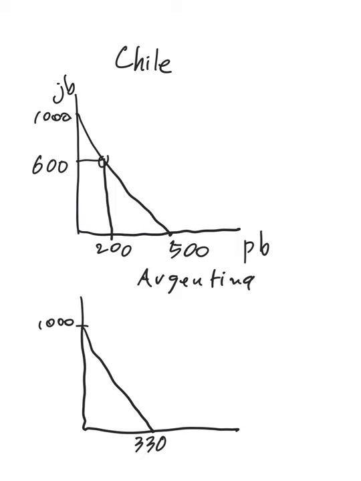It's not exactly that, but close enough. And in autarky, Argentina chooses to consume 400 jelly beans and 200 peanut butter. So this is a situation when the countries are not trading at all.